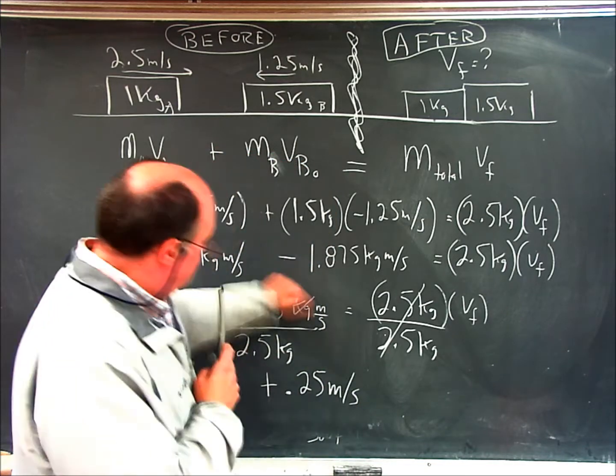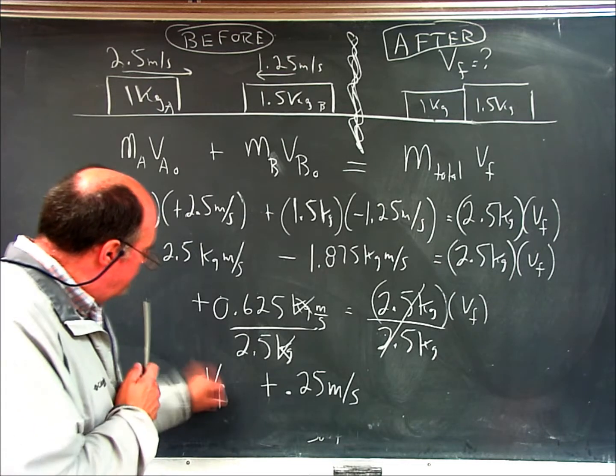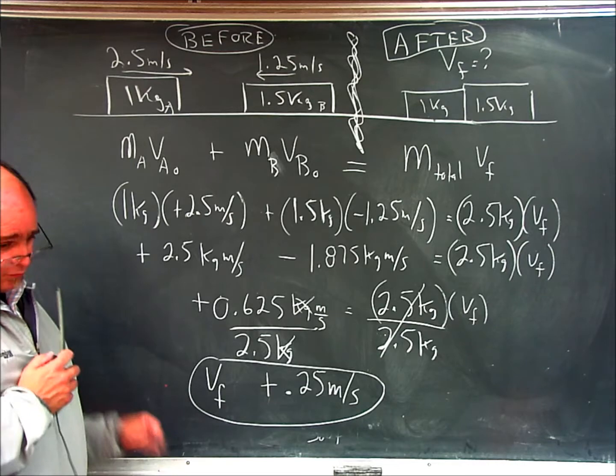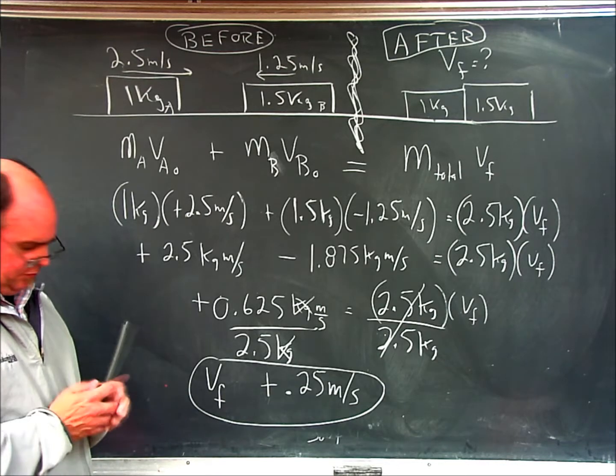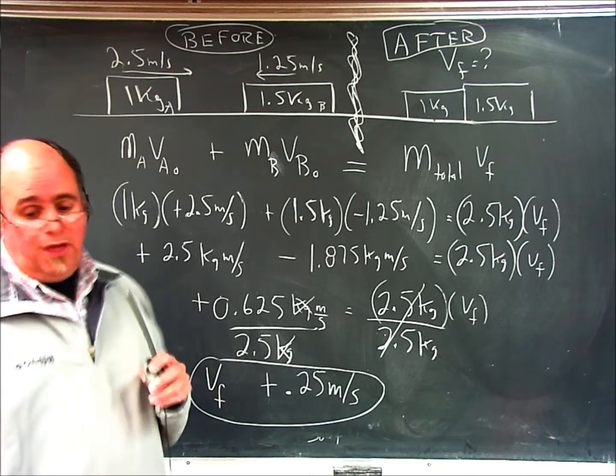So the unit of kilograms will cancel out on the top and the bottom. And this would be my V final of the whole thing. So that would be how to do this type of problem.